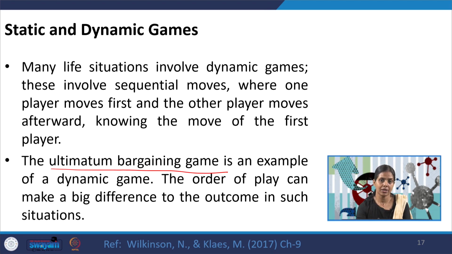One proposer makes some proposal proposing a split of an amount which he or she has. Suppose it is 100 rupees with me and I am the proposer. There is another responder. So, I need to offer a split of 100 rupees to the responder. Responder may accept it or reject it. So, since this is moving in sequence, that is a dynamic game. We will discuss ultimatum games at length in later modules.